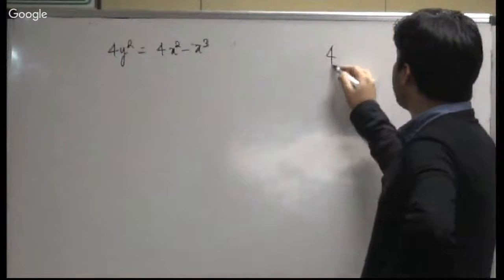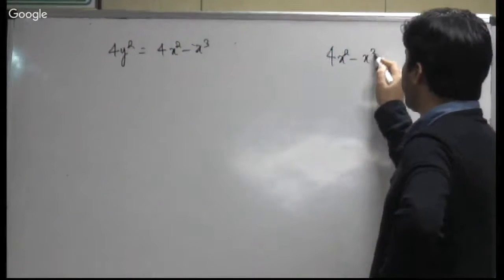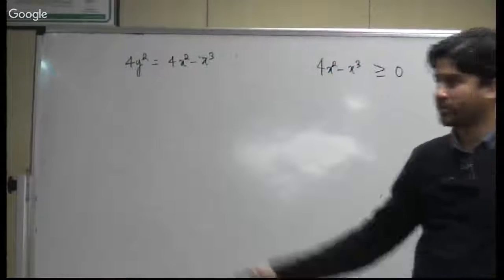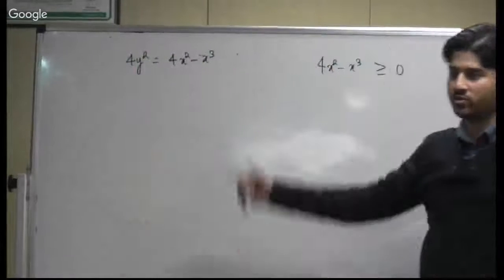I'm going to see 4x square minus x cube. I want this to always be positive, then only we can satisfy it, because the left hand side will always be positive. So it has to be positive.